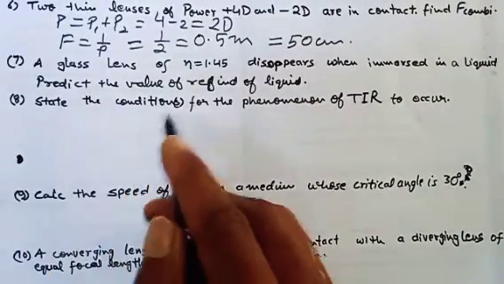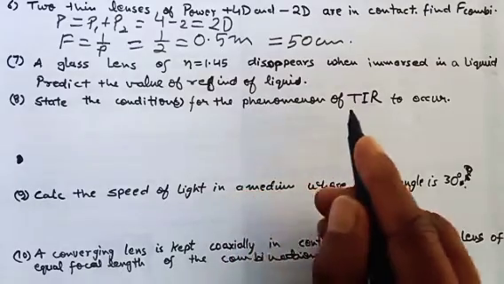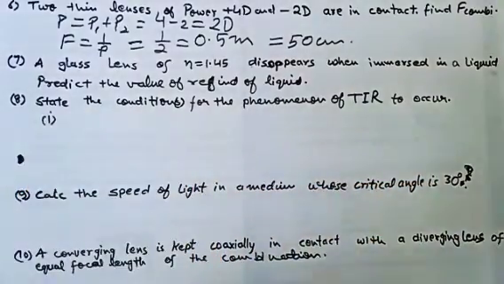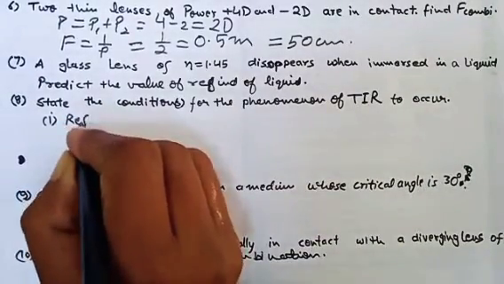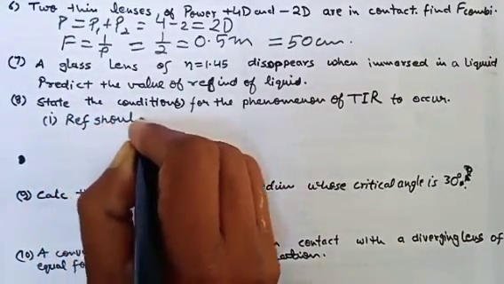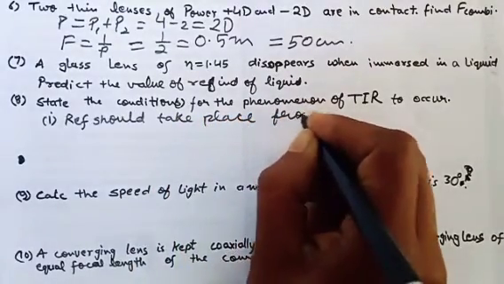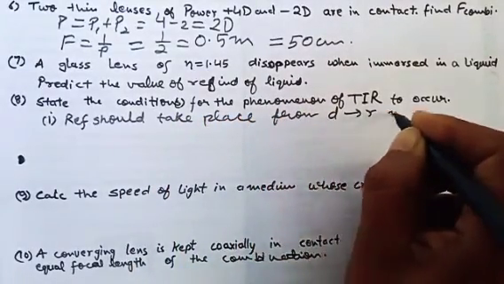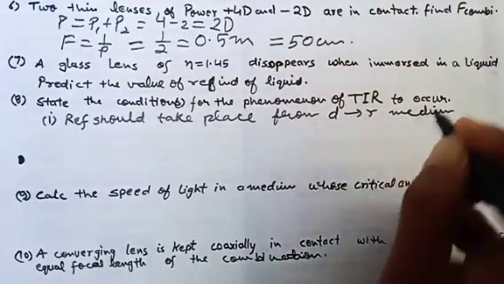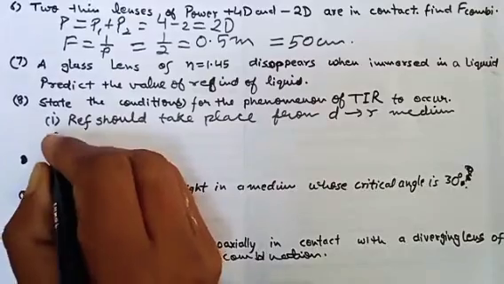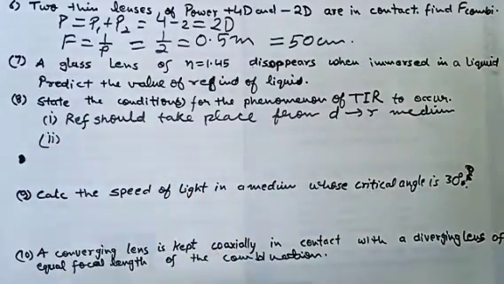State the condition or conditions for the phenomenon of total internal reflection to occur. Number 1, refraction should take place from denser to rarer medium. See, I use these shortcuts just to save time and effort, but you people have to write them in full.